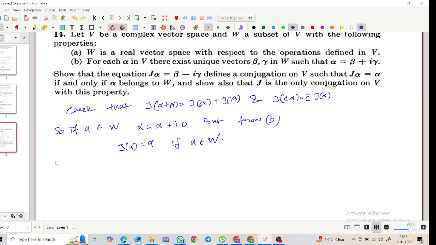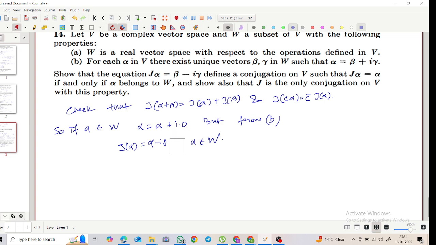If alpha belongs to W, then we write, okay, so I mean, we should be writing like this.